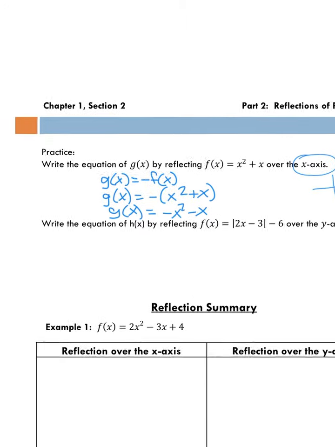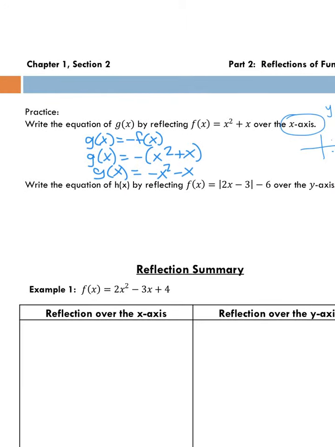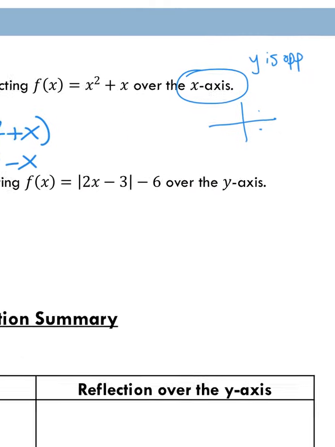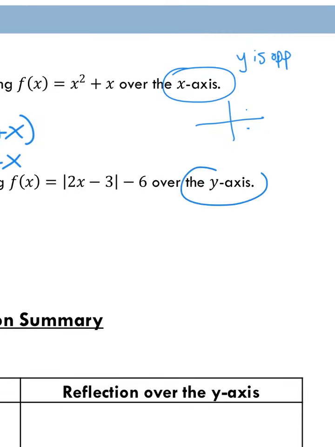Okay. Next example, write the equation of h of x by reflecting f of x, which is an absolute value function, over the y-axis. So again, just quickly remind yourself, over the y, draw your little diagram here. Over the y, the x is the opposite, and the y stays the same.